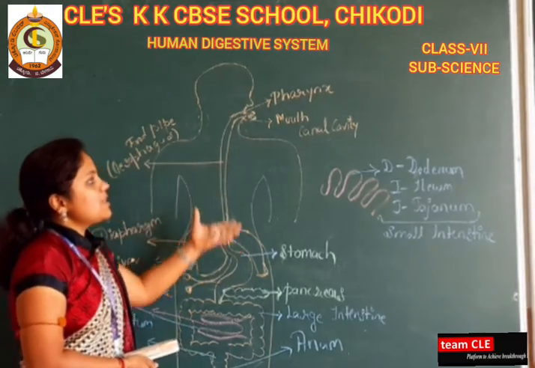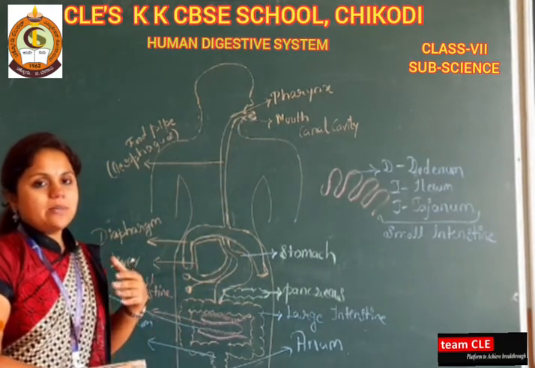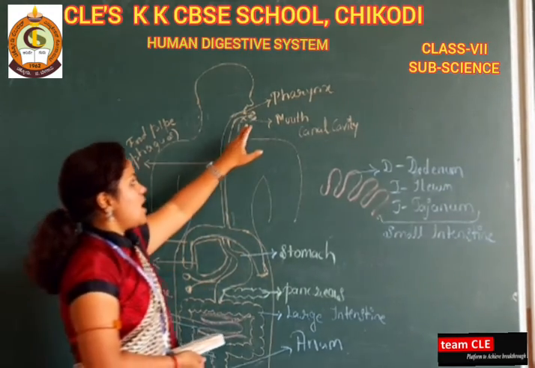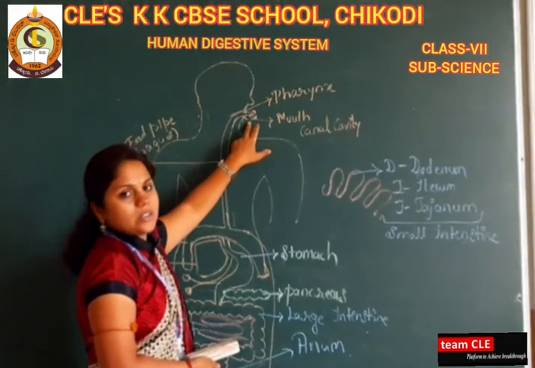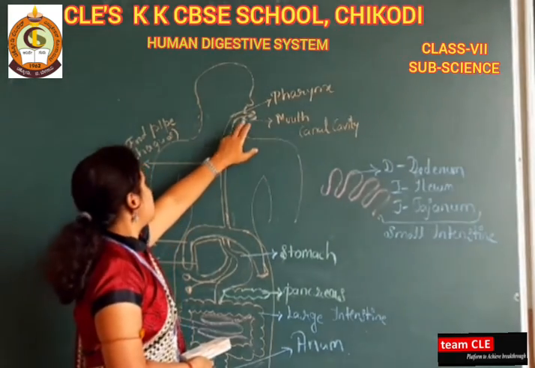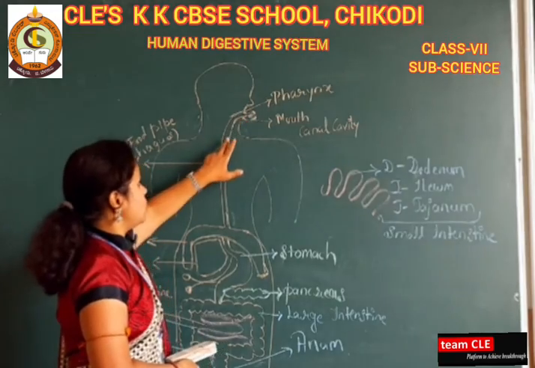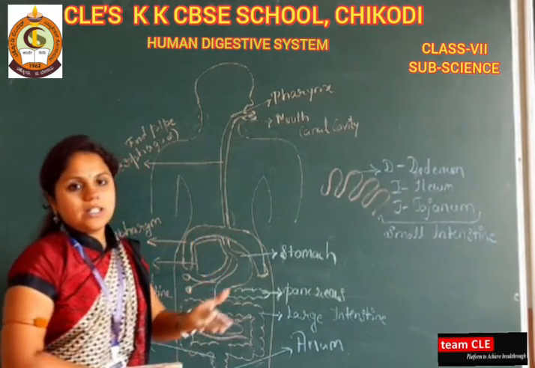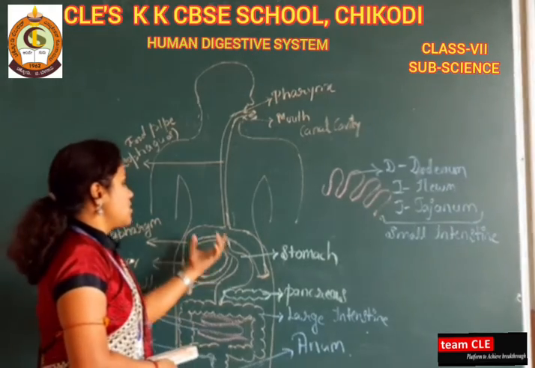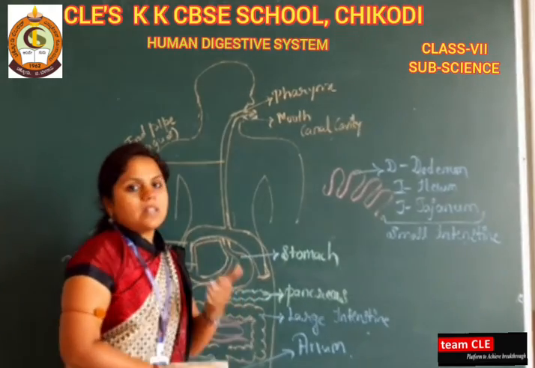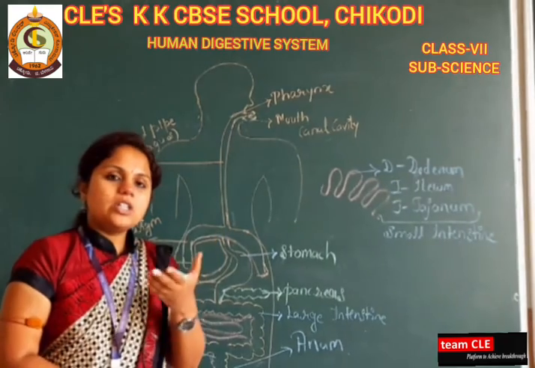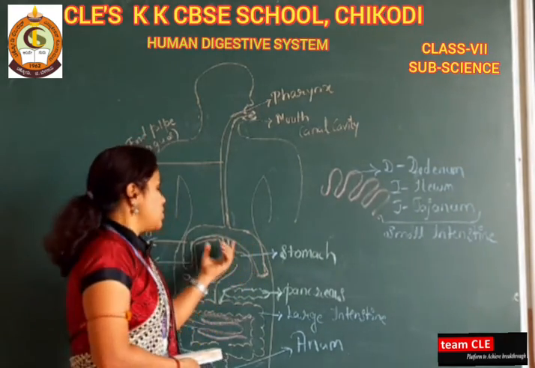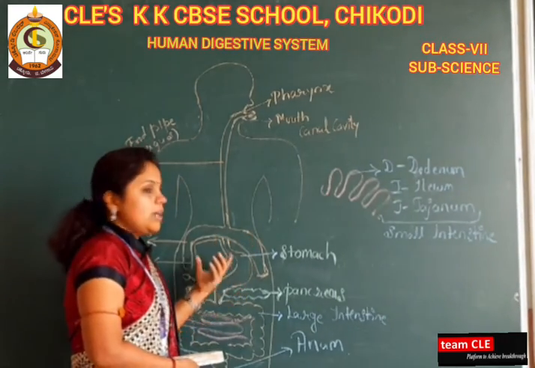This is the typical structure of the human digestive system, which starts with the mouth, then the food is transported to other parts of the body. Whatever steps are there in the modes of nutrition in animals, they are followed here.